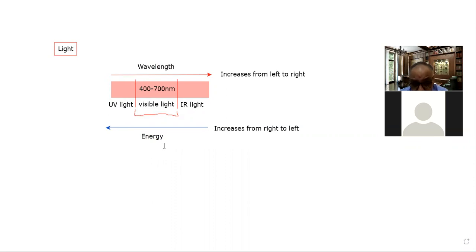with increase in the wavelength, the energy decreases, and with decrease in the wavelength, the energy increases. So please bear this in mind. There is an inverse relationship between the wavelength and the strength of the waves.